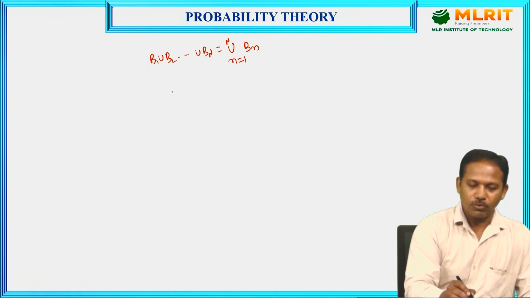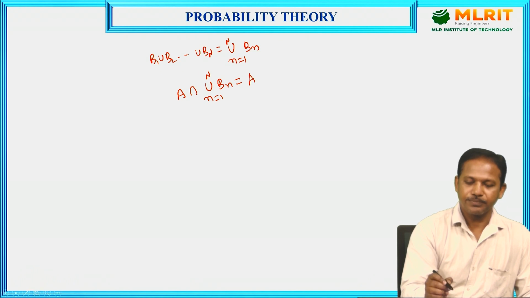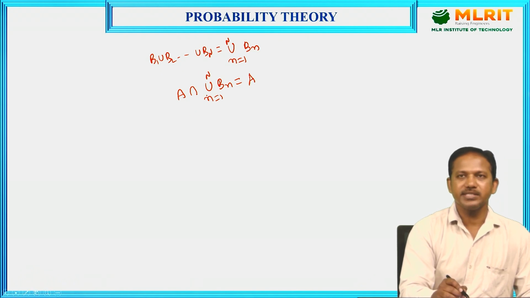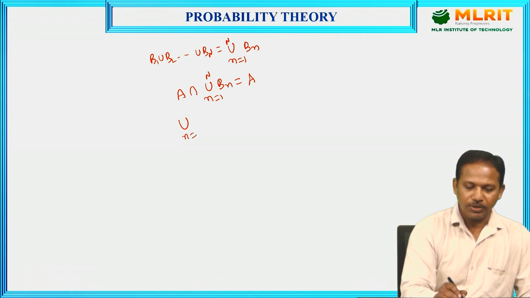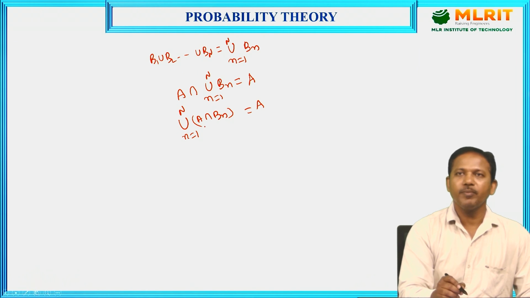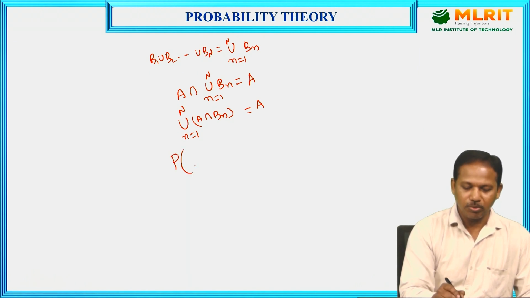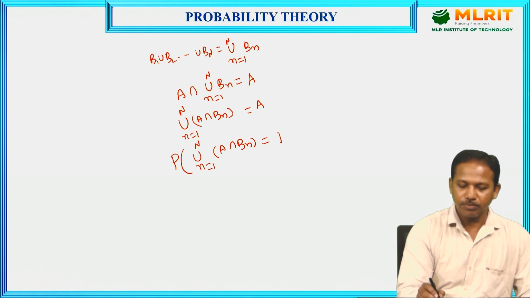So we can continue: A intersection union of n equal to 1 to n of Bn is equal to A. Now I want to rearrange this equation: union of n equal to 1 to n of A intersection Bn is equal to A. Now I want to apply probability on both sides, that is, probability of union of n equal to 1 to n of A intersection Bn is equal to P of A.